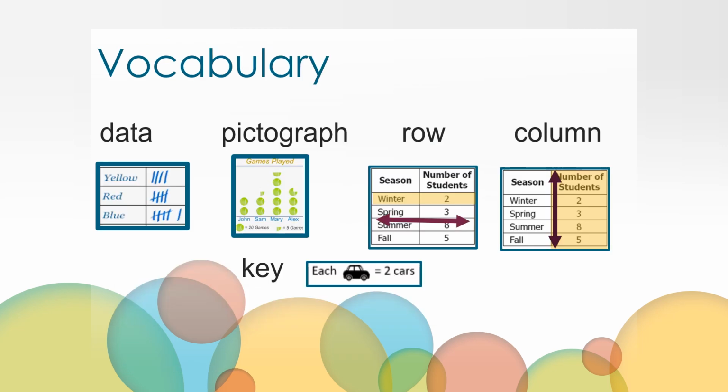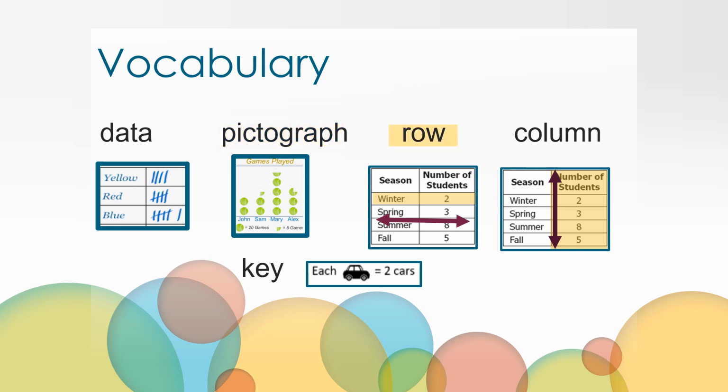You may hear some words that are new to you today, so as we work together, try to make connections between these words and what we are learning. The first word is data. This is the information that we are collecting. Pictograph is the graph that uses pictures to represent the information that's collected.